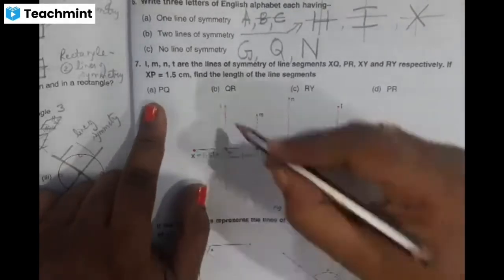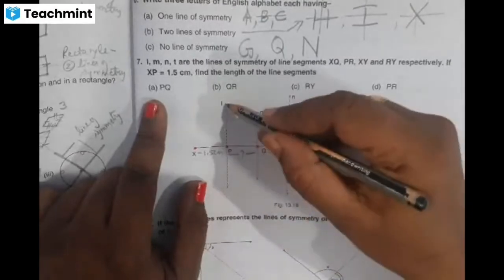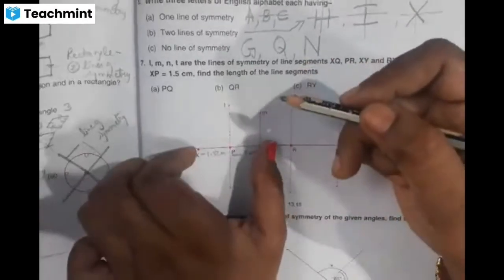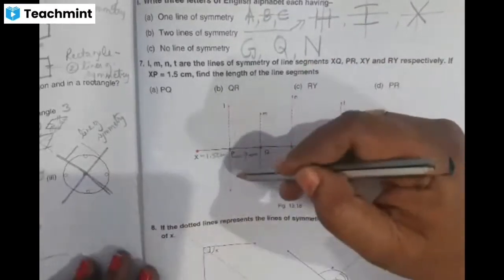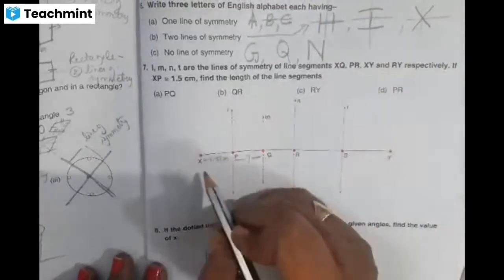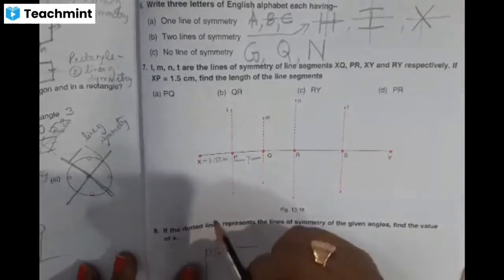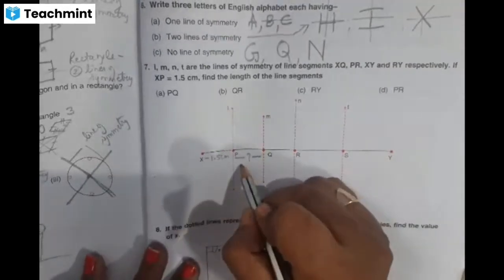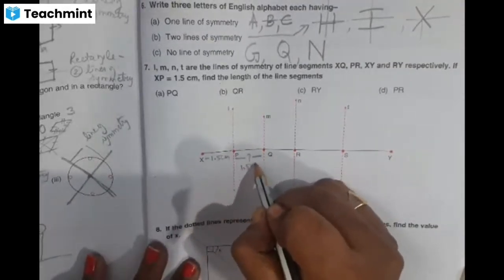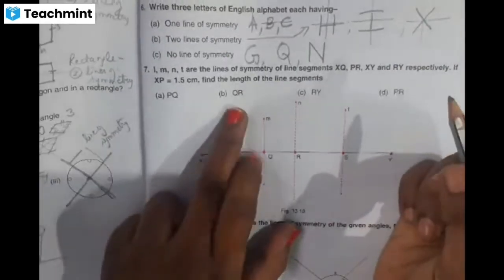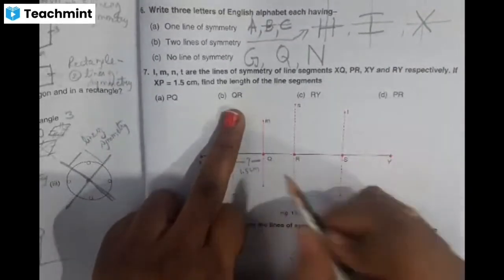As we know, L is a line of symmetry for XQ. So this line of symmetry divides the line segment into two equal parts. That is, if XP is 1.5 centimeter, PQ must also be 1.5 centimeter. QR. We have to find QR, children.